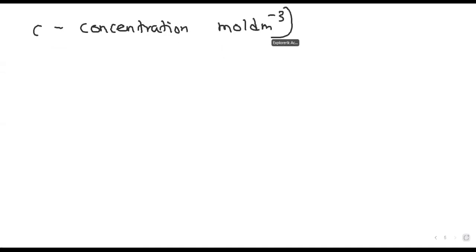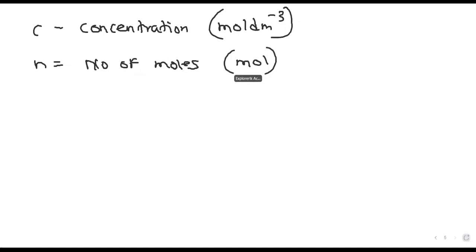So in this case, C indicates concentration, right? Concentration, you need to note it down. That is indicated with the units of moles per decimeter cube. N in the equation indicates the number of moles, and V indicates volume, that is measured in decimeter cube.